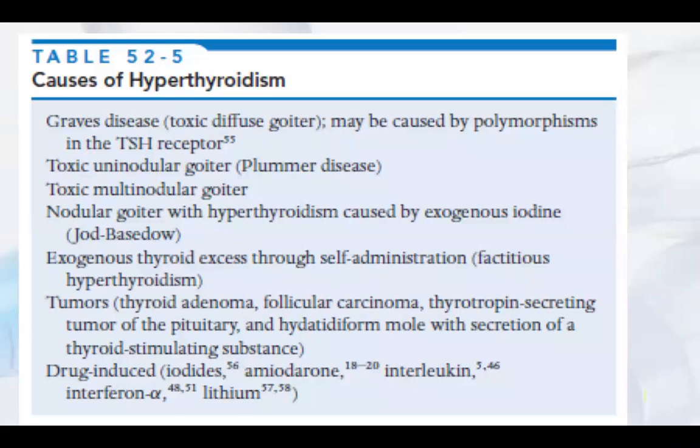Then toxic uninodular goiter, also known as Plummer disease, then toxic multinodular goiter, then nodular goiter with hyperthyroidism caused by exogenous iodine, then exogenous thyroid excess through self-administration, factitious hyperthyroidism, and tumors due to thyroid adenoma, follicular carcinoma, thyrotropin-secreting tumor of the pituitary, and hydatidiform mole with secretion of thyroid-stimulating substances.